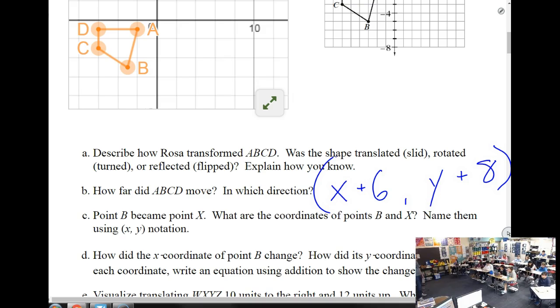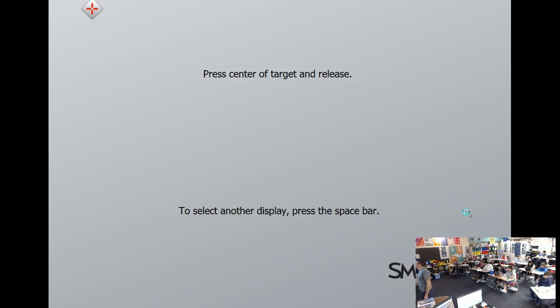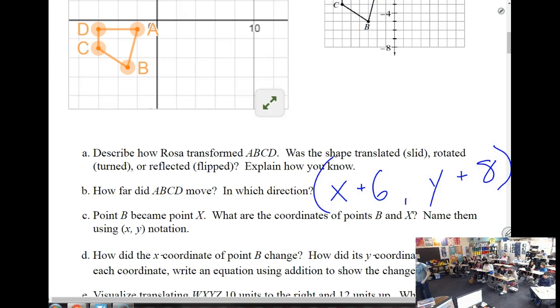I'm going to fix my smartboard. You guys keep moving on. It's not centered. It was just a long weekend. One time I went to the Caribbean.